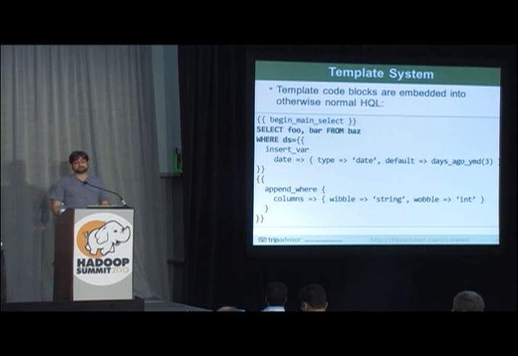The begin main select is somewhat of a sad necessity at this point because I hadn't yet figured out a good way to determine, if there are several queries in a file, which one actually produces the results, the very last select query being run. It's not as simple as just splitting on semicolons.